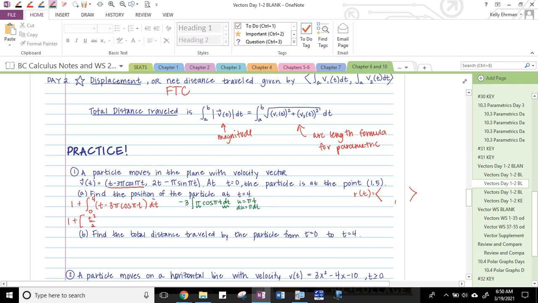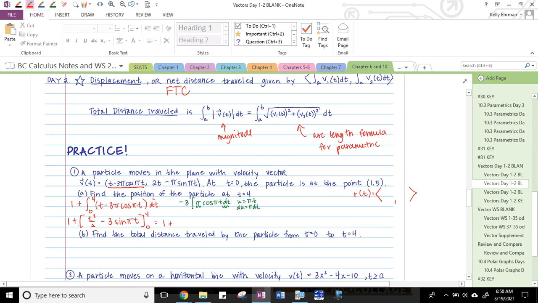And finally, the integral of cosine is sine without a change in sign, not negative sine. So the antiderivative is negative 3 sine of u. So sine of u is pi t. And we're evaluating from 0 to 4. So we do still have to remember our integration rules and just be careful with all of this.